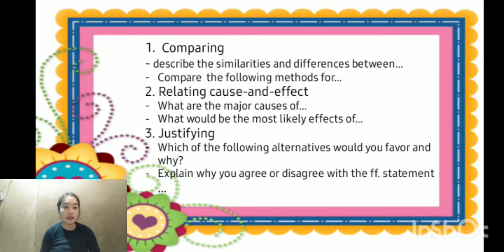Second is relating cause and effect. The cause and effect essay is a form of argumentative essay that details the effect relationship between two objects. Example: a man offended his neighbor by insulting him. That is the cause. So therefore, his neighbor becomes angry. So that is the effect. Third is justifying.